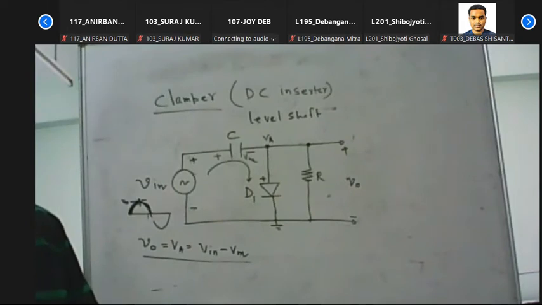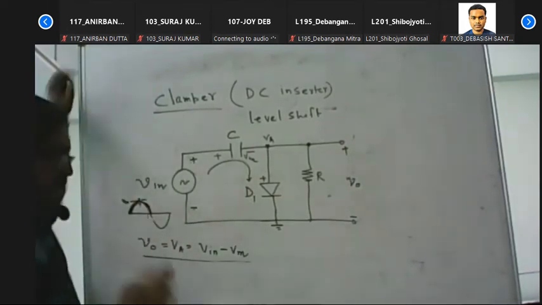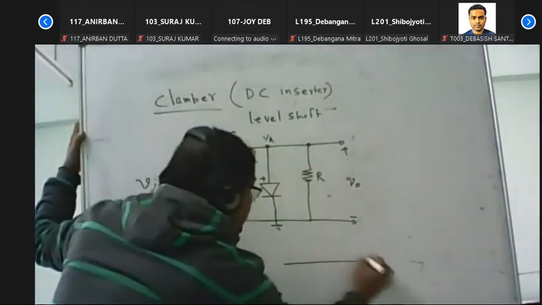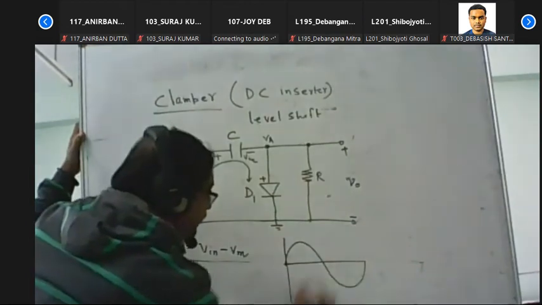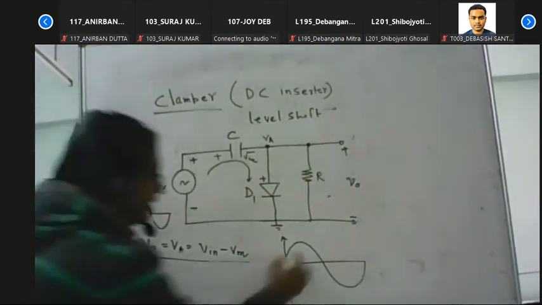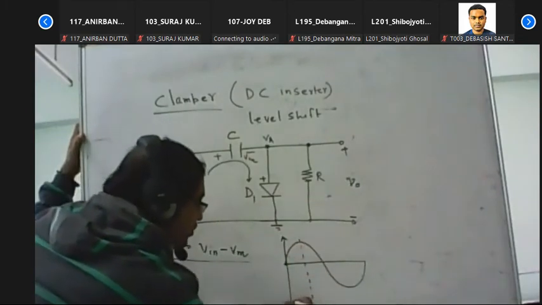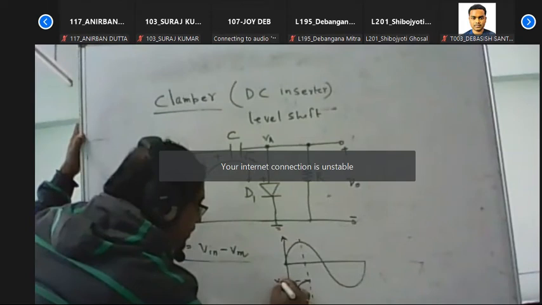Now, is it clear? In the first half cycle, the capacitor will be charged up to this maximum value. That is the value.